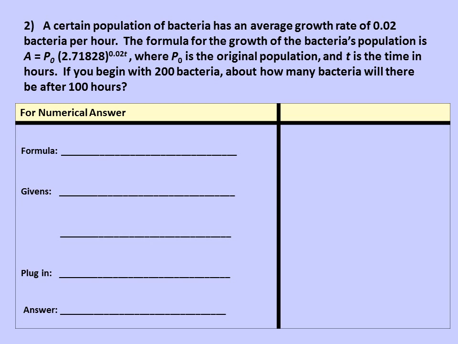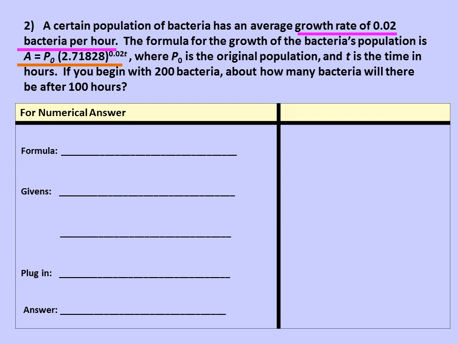Alright, let's go through it and underline, so pick up your pencil or your highlighter. A certain population of bacteria has an average growth rate of 0.02 bacteria per hour. May be important. The formula for the growth of the bacteria's population is, there's the formula.